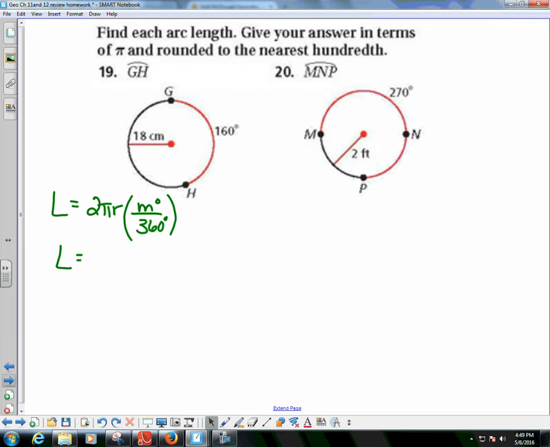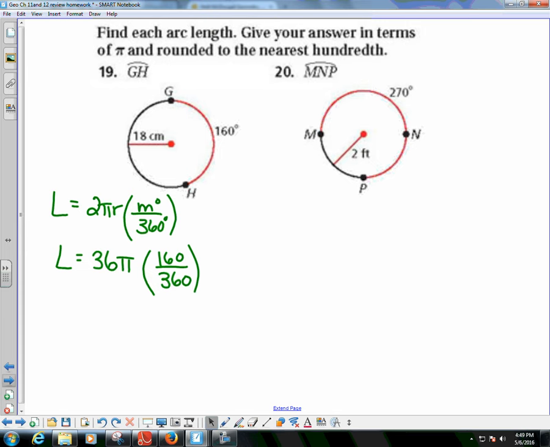So let's plug in what we know. My radius is 18. 2 times 18 is 36. So I'm going to say 36 pi. And then I'm going to plug in m. M is 160 degrees over 360 degrees.